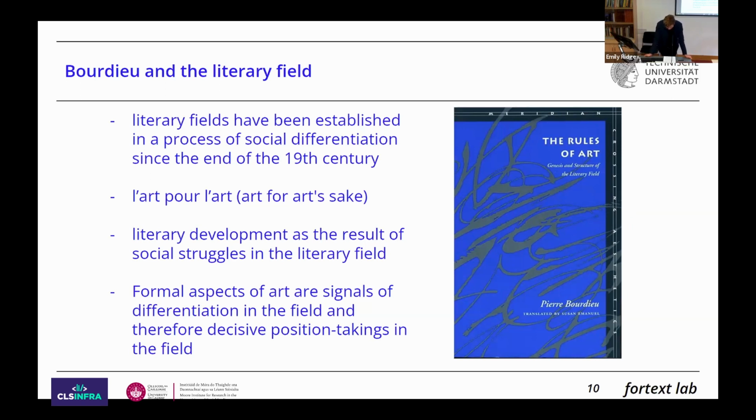One becomes visible in the field by taking a position that is defined in relation to other positions. And this happens through form. This is not about what an author writes about, topic, subject, etc. It's about how they write. The form is a message that distinguishes it from the other positions in the field.